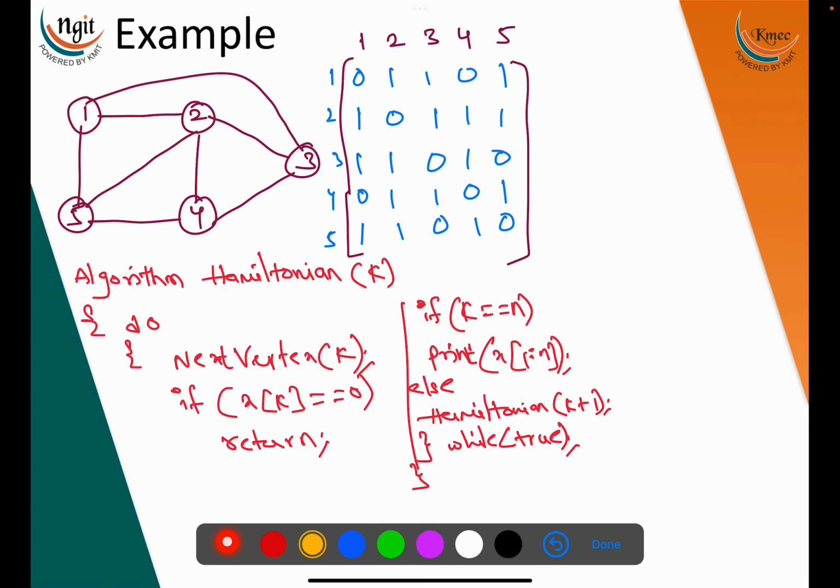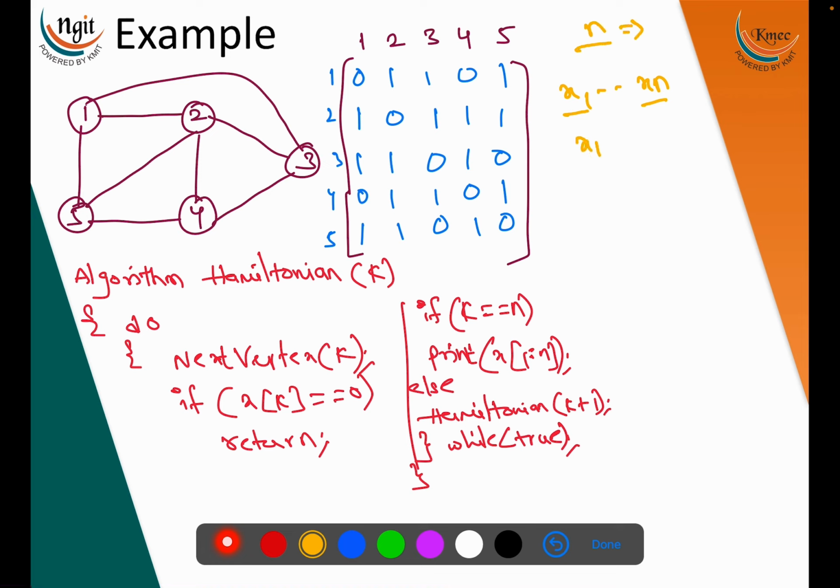Now we'll see the example of how backtracking is applicable to the Hamiltonian cycle. The backtracking solution for this problem is defined as x1 to xn, where n is equal to the number of vertices in the graph.